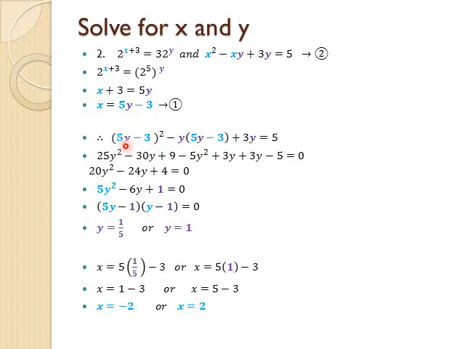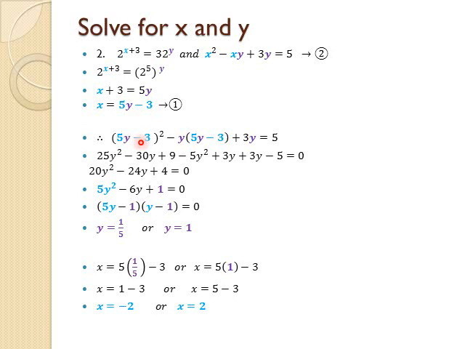Alright, when I have 2 terms in a bracket and squared, learners always forget the middle term. So be very careful of that. But to multiply out, 5 times 5, 25. Y times y, y squared. For the middle term, for the minus 30y, I have 5y times negative 3, which gives me negative 15, times 2, which gives me negative 30y.